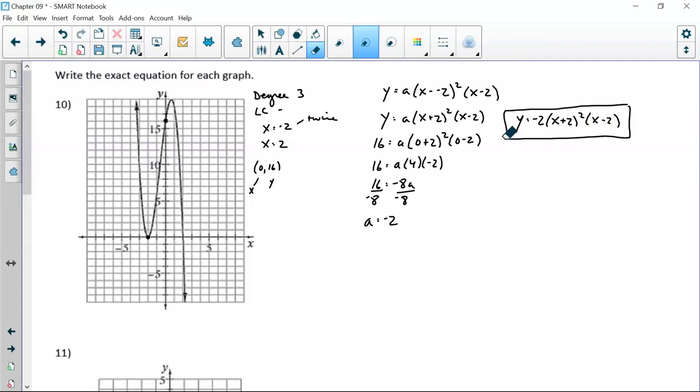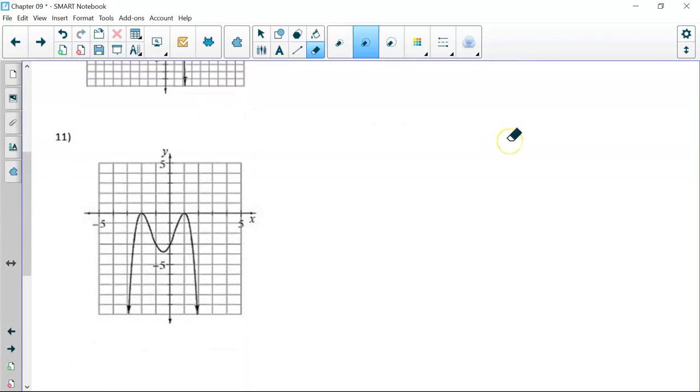And then the last one in this section, problem number 11. Based on the turning points, the degree is going to be 4. And our leading coefficient, because it's going down like that, is going to be negative of some sort. Now my zeros, I see an x equals negative 2, and I see an x equals positive 2.